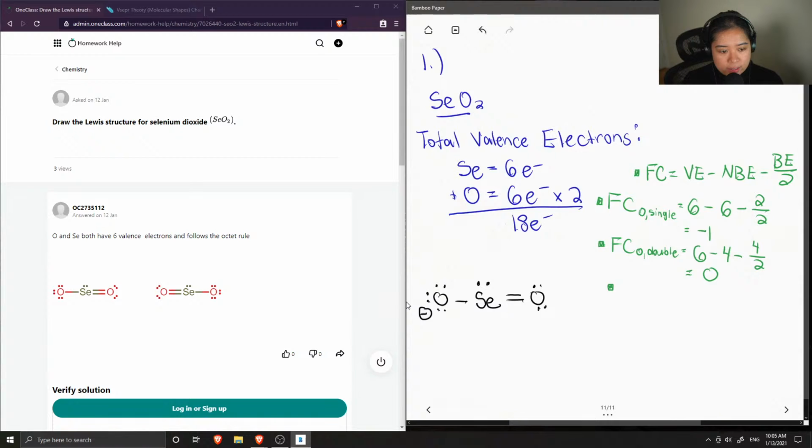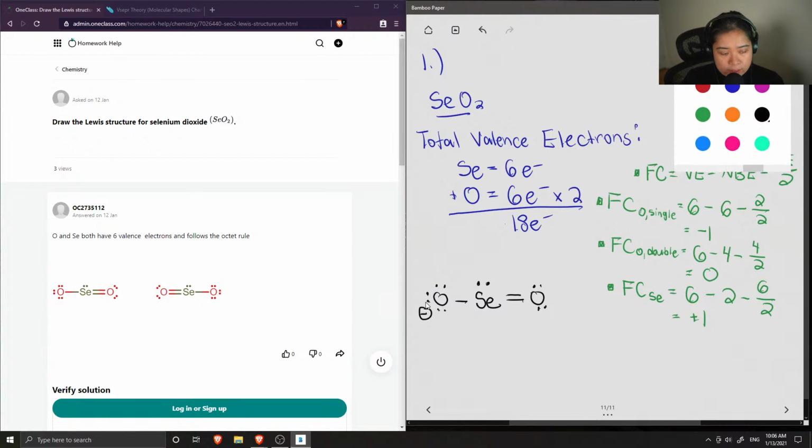And then lastly, let's calculate the formal charge of our selenium. There are 6 valence electrons. The selenium contains 2 non-bonding electrons. And there are 3 bonds in total for the selenium, so we have 6 bonding electrons divided by 2. So 6 minus 2 minus 3 is positive 1.